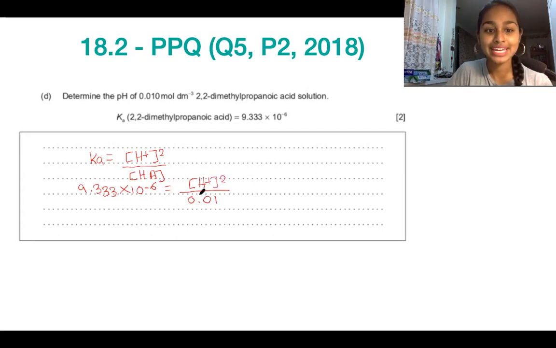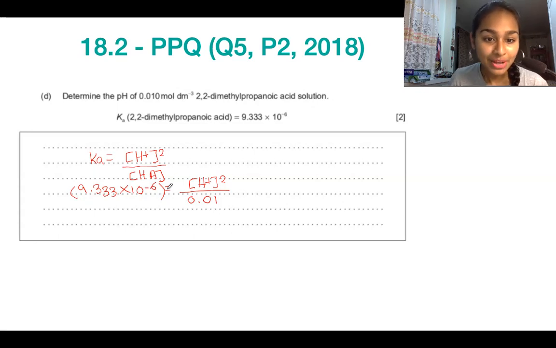So if I put that into my calculator really quickly, a quick note: when you are inputting this value over here into a calculator, I'd always recommend you to bracket it. It just means that your calculator is less likely to make any mistakes. So times 10 to the power of minus 6, and I'm going to multiply that by 0.01.